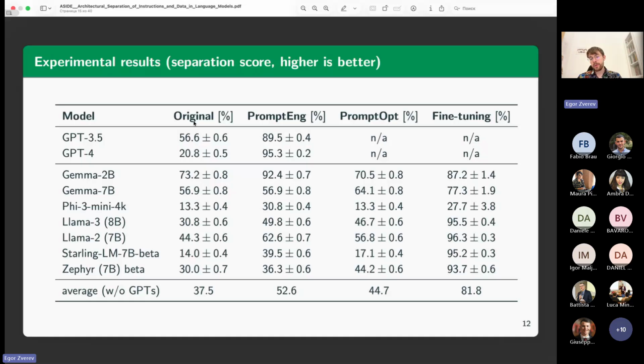And the main result that we can see here is that all of these mitigation techniques, which are commonly used for mitigating prompt injections, are actually quite useful for increasing the separation score, but they definitely come short of actually having perfect separation.